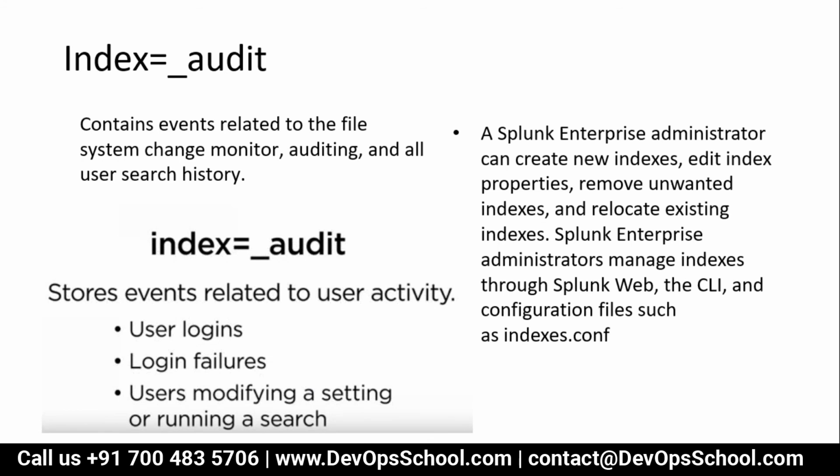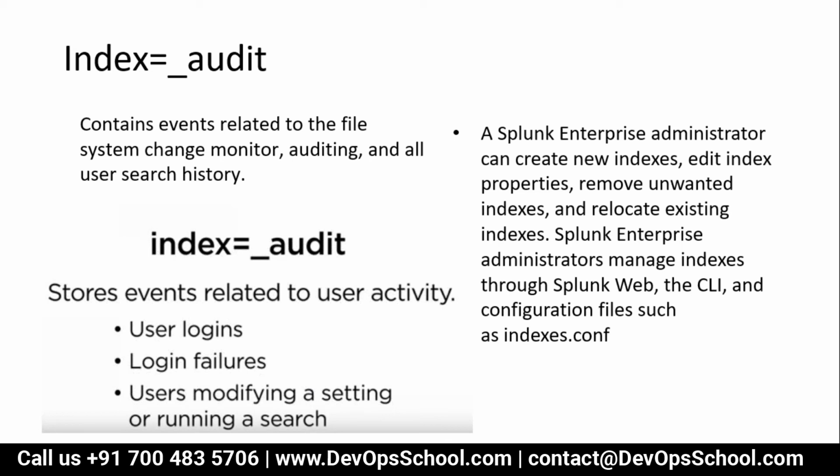In the audit you will have user login failures, users modifying a setting or running searches, all these things. A Splunk Enterprise administrator can create new indexes, edit index properties, remove unwanted indexes, and relocate existing indexes if they want.